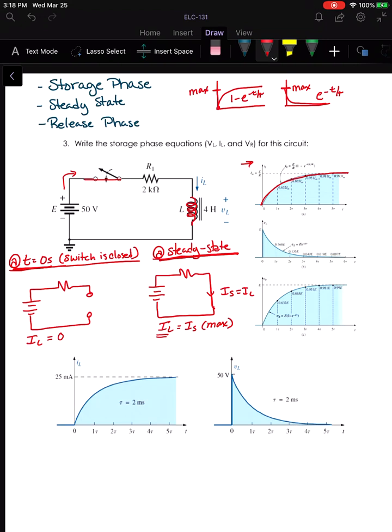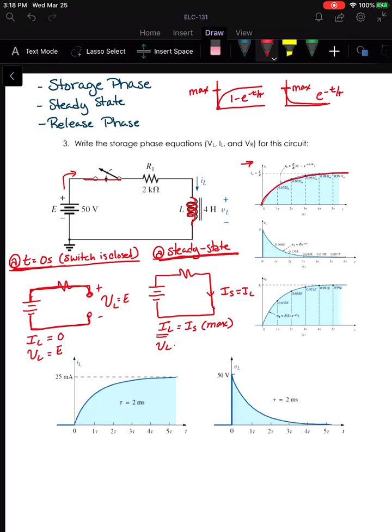What about the voltage drop across the inductor? For here, that's going to be E, because we have an open circuit here, which really just means that that resistor has no voltage drop since there's no current through it. So across the inductor, we're really just looking at our supply voltage.